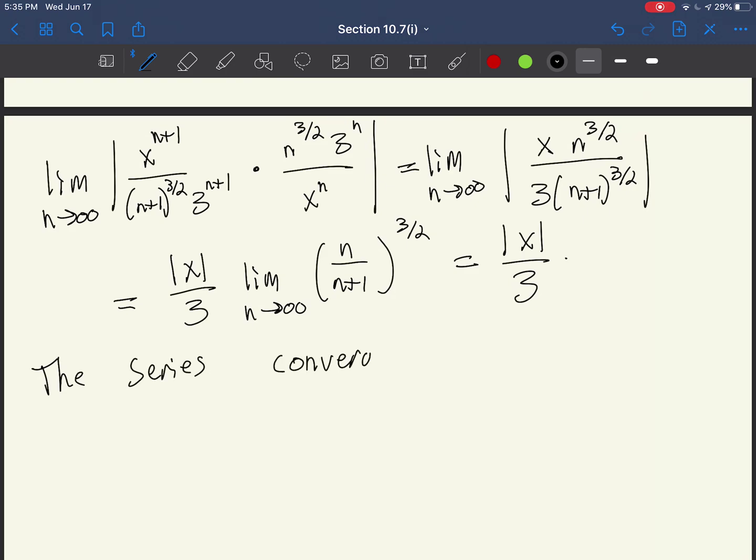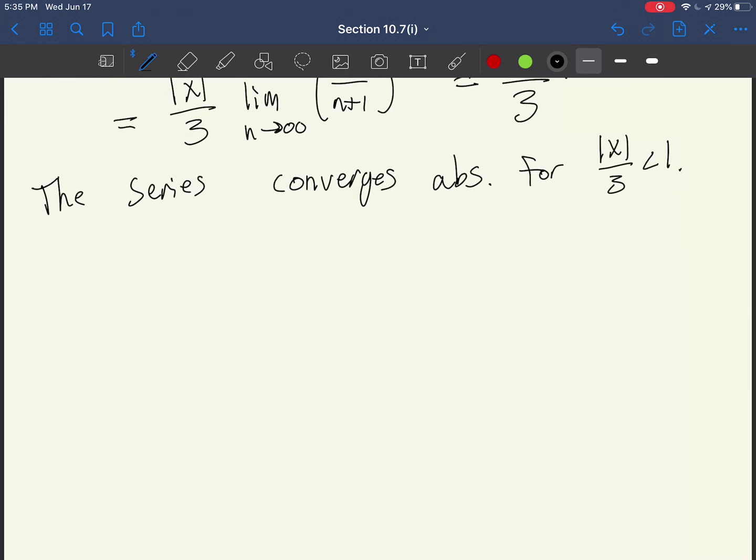So we know that the series converges absolutely for the absolute value of x divided by 3 is less than 1 because of the root test. Not root test, ratio test. Okay, decompose this inequality, multiply by 3.